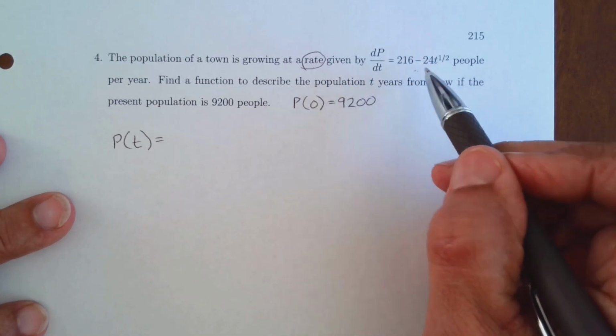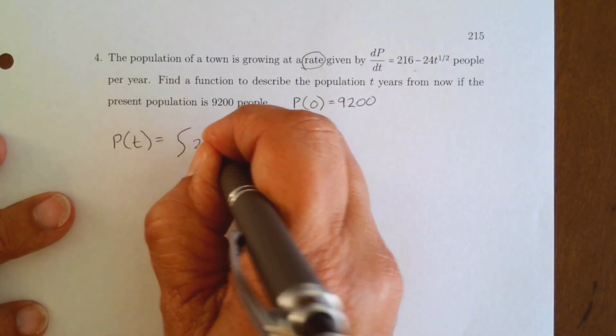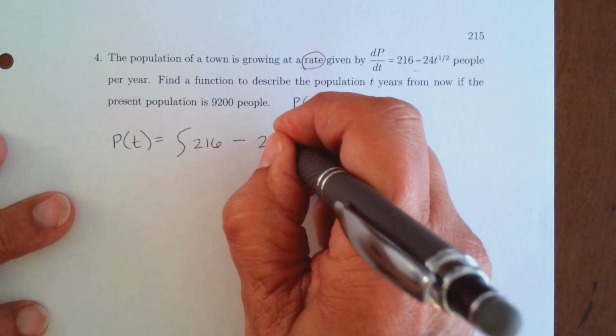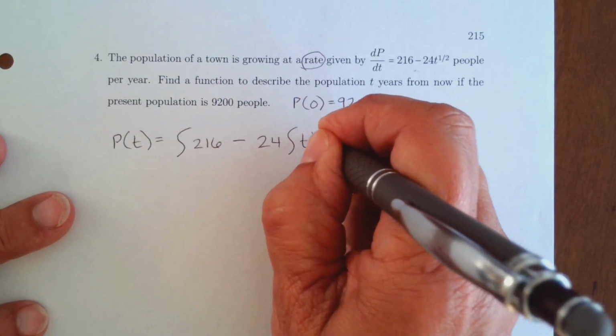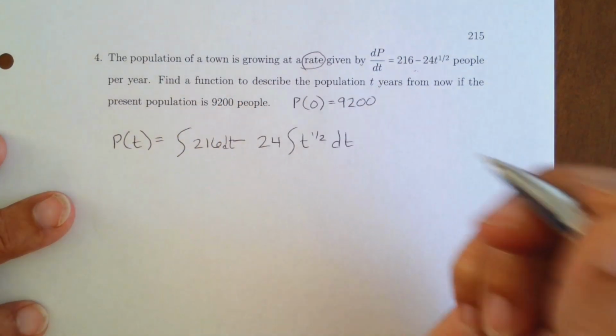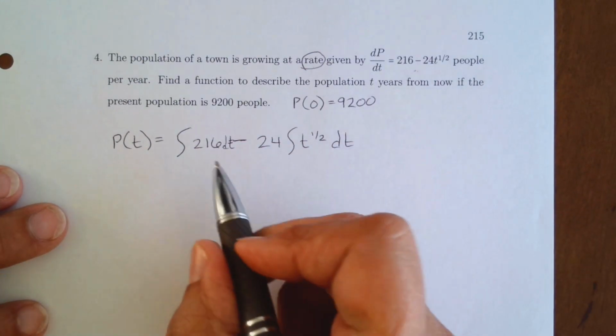Two terms. So we're going to integrate 216 and then minus, and we're going to pull out the 24, that's a constant, and integrate t to the 1/2 dt.